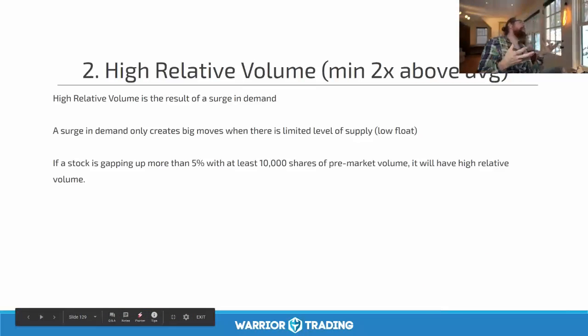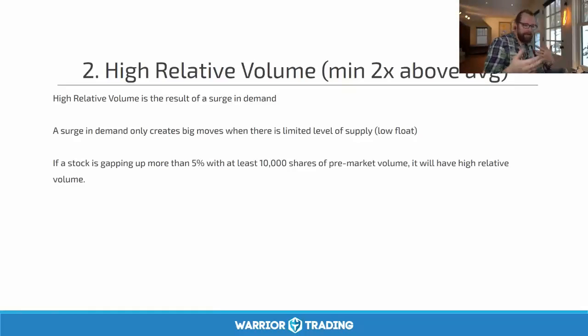High relative volume is the result of a surge in demand. When you have high demand, it results in high relative volume. A surge in demand only creates big moves, though, when there's a limited level of supply, when we have that imbalance. If anything is surging in demand by 50 times above average, probably regardless of the float, that is going to create a pretty big move in the stock.